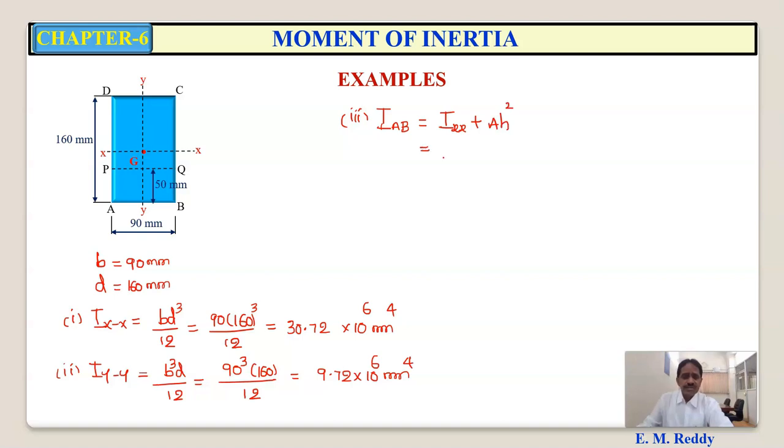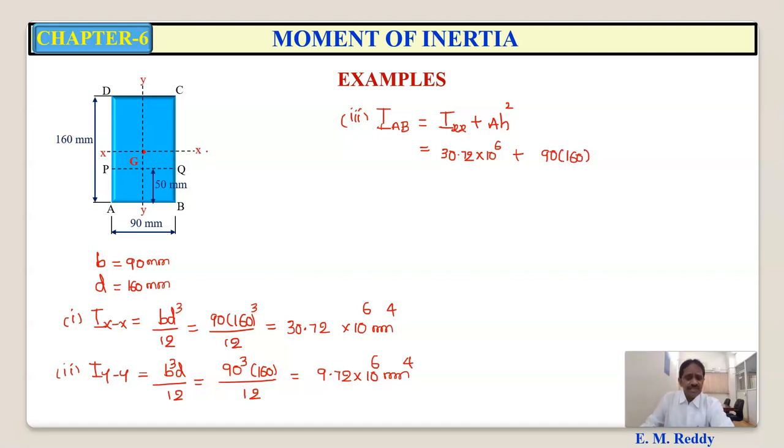So it is 30.72 into 10 raised to 6 plus area of the section 90 into 160 into h.